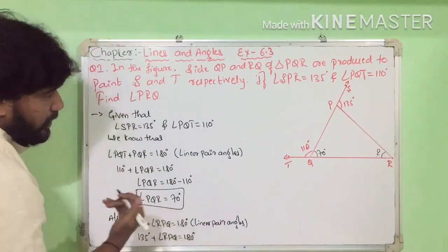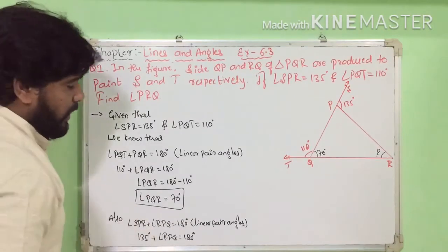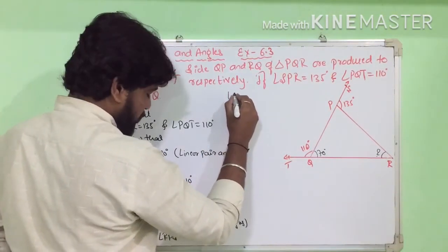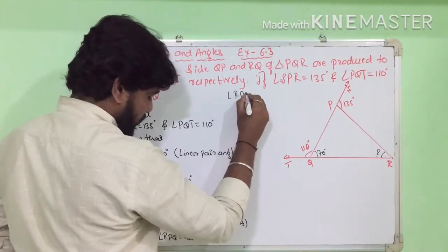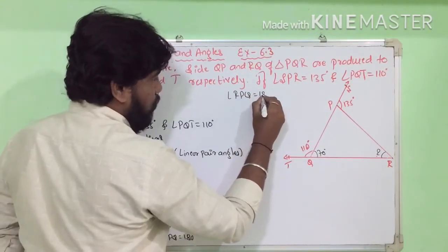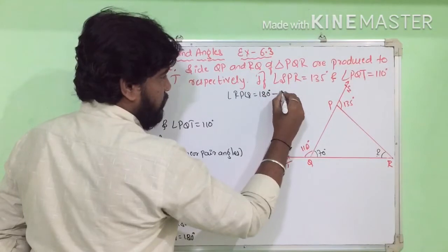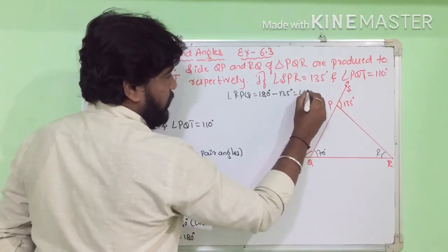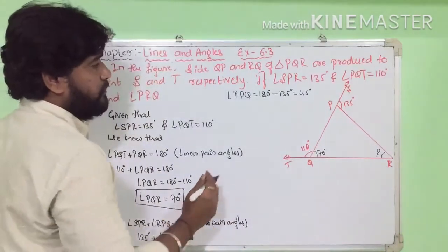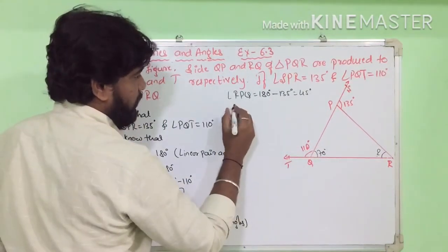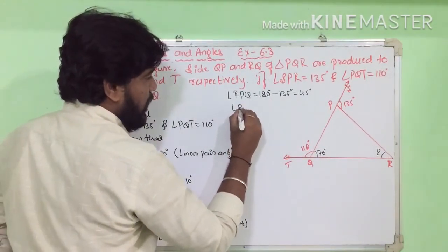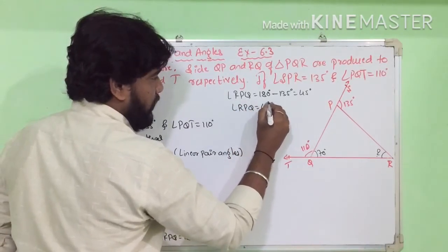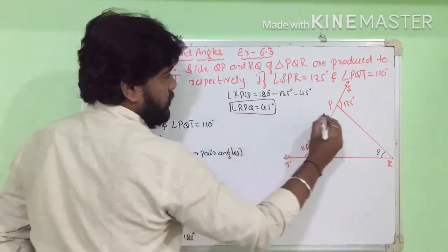So 135 comes to the RHS, it becomes a minus, right? So angle RPQ is equal to 180 minus 135. So here we got 45. Is it clear? So angle RPQ is equal to 45 degrees. So this angle is 45 degrees.